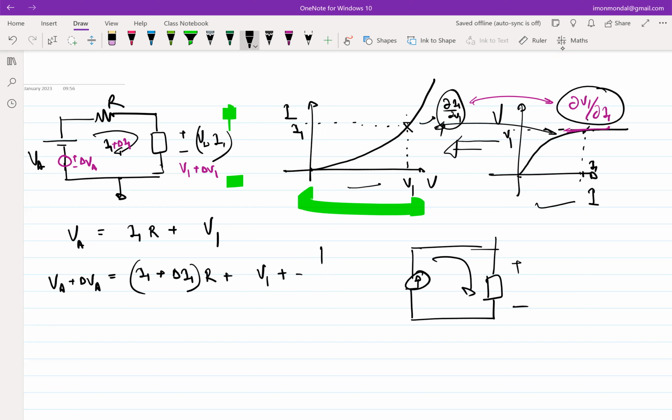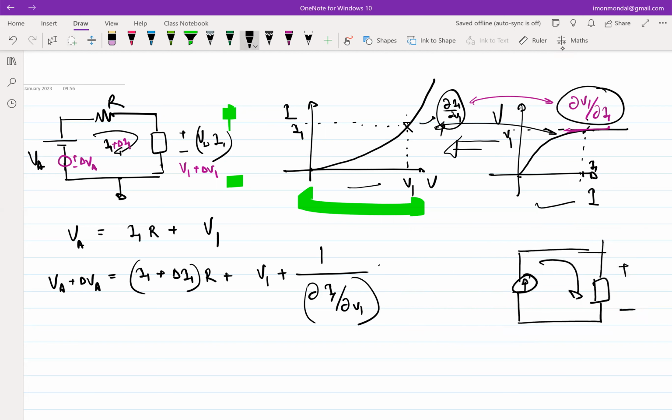You simply take the reciprocal, 1 over del I1 del V1, times del I1, right? And note that this quantity, 1 over del I1 del V1, or simply del V1 del I1, is what we call an incremental resistance, right?